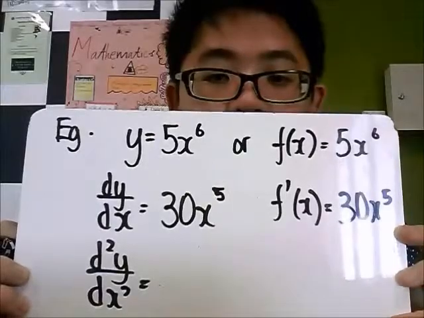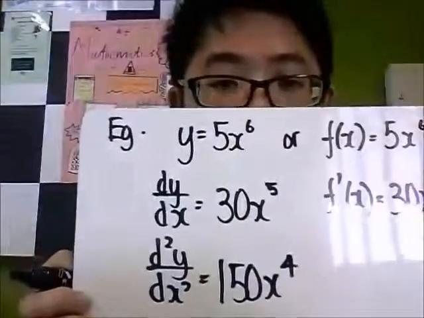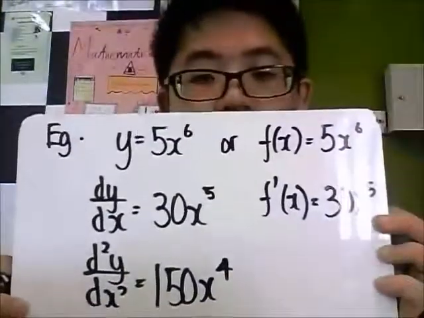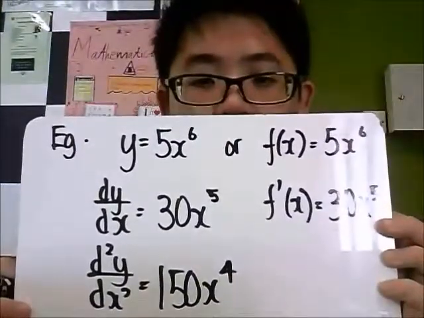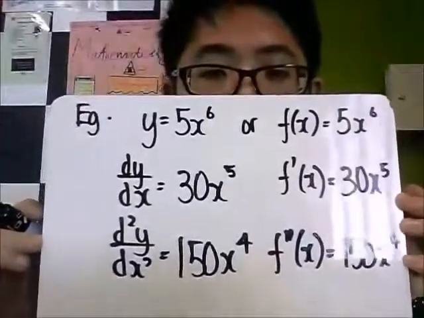If you differentiate one more time, you will get your answer. Likewise, for f(x), what you get is f double prime on top, and you will get the same answer.